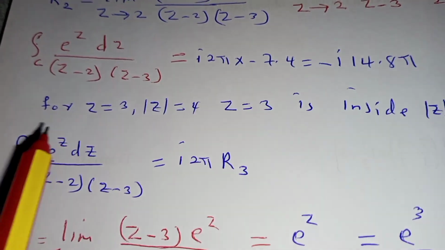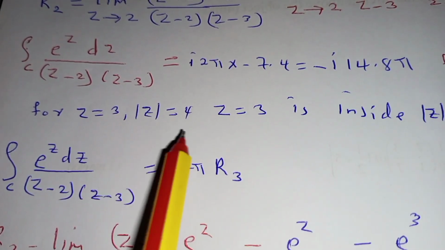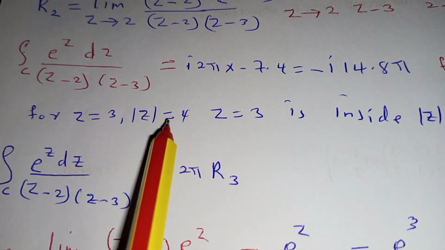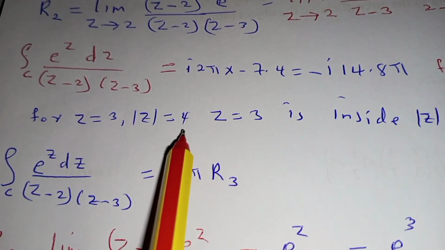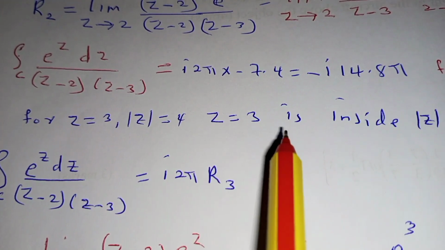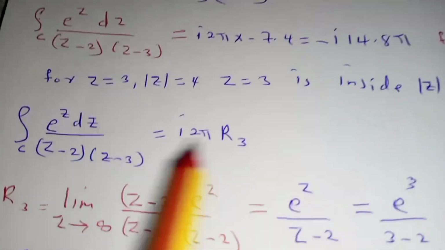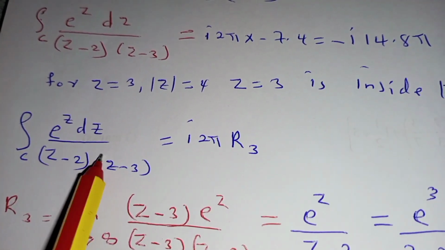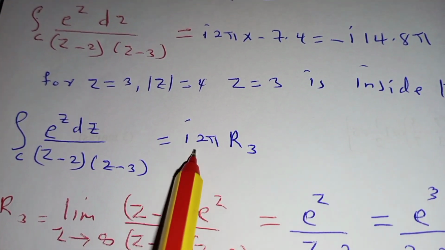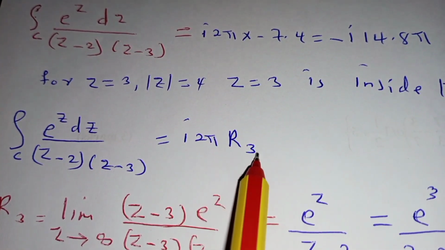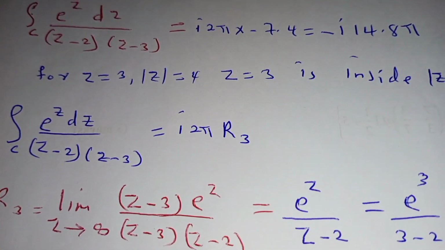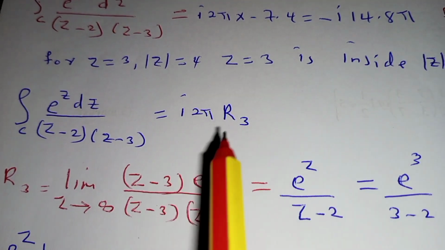For this other case, z equal to 3 is inside this contour where |z| is equal to 4. As a result, now using Cauchy integral theorem, the integral is given by i 2 pi times the residue at the pole z equal to 3.